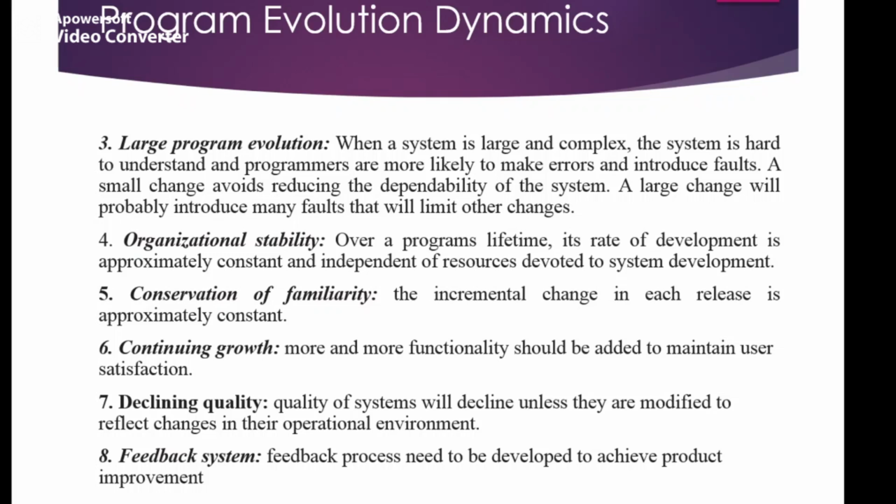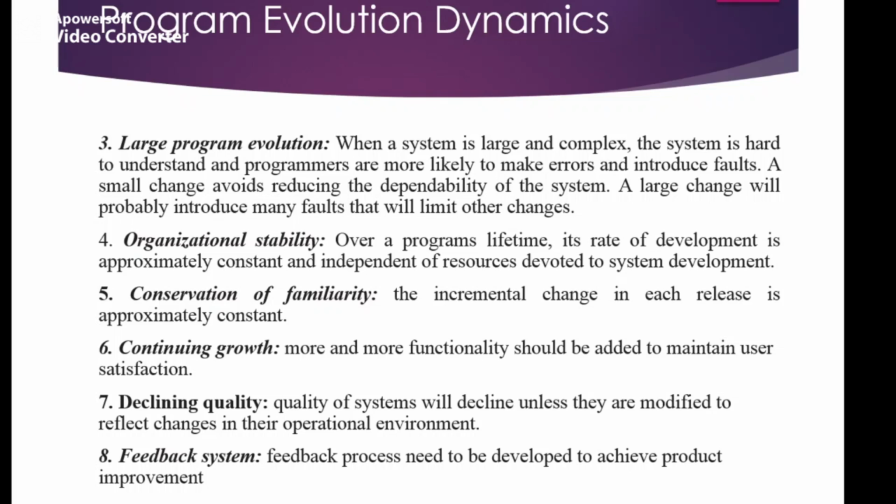Sixth law, continuing growth, means again the growth is continuous: more and more functionality should be added to maintain user satisfaction. So finally, to come to a point of user satisfaction, you have to reach their target. So you have to add more and more functionality.